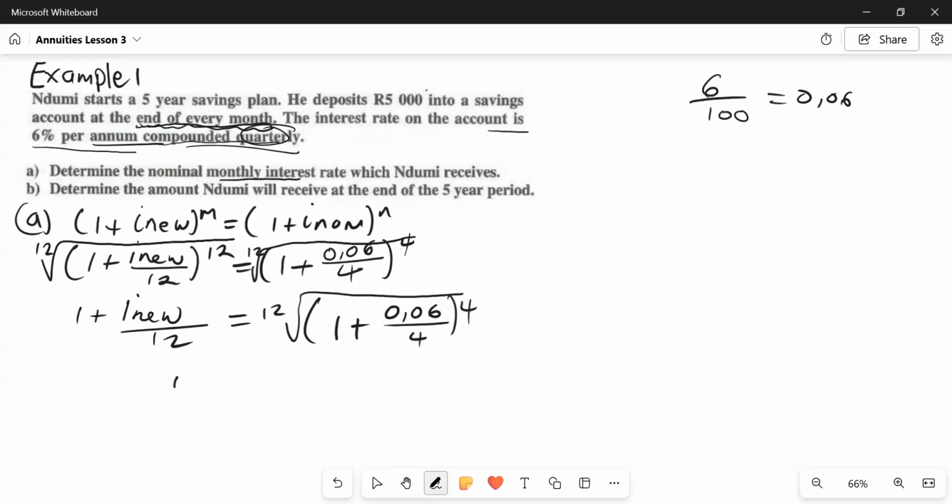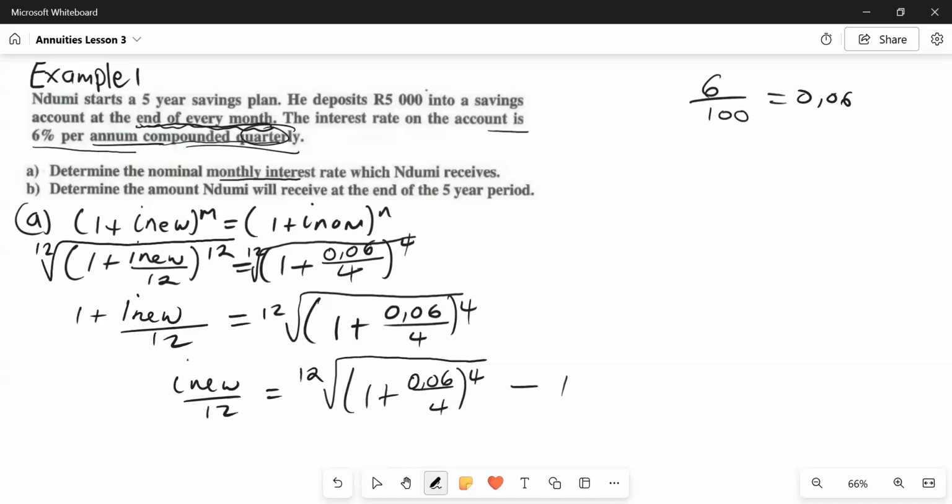And then now you have your i new, now you have your 1 plus 0.06 divided by 4 all to the power 4 minus 1. So now we have to transpose this one.